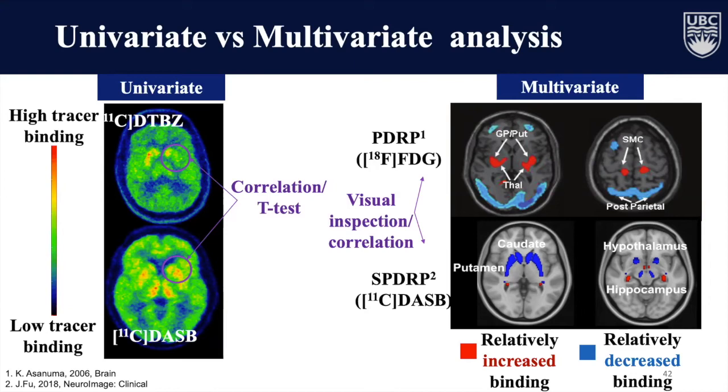When we construct these spatial patterns from each data set, the common information from the two modalities is not used. So this may not be the best way to capture the full potential of multi-tracer studies.